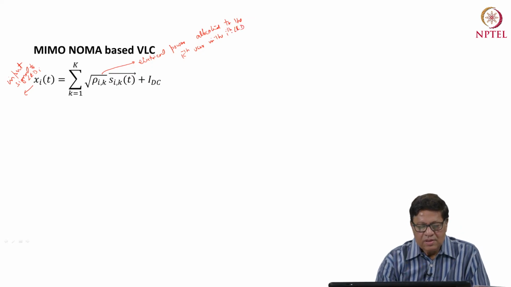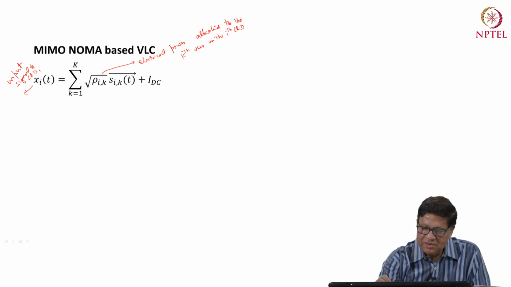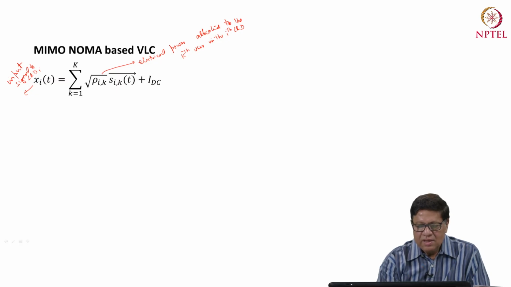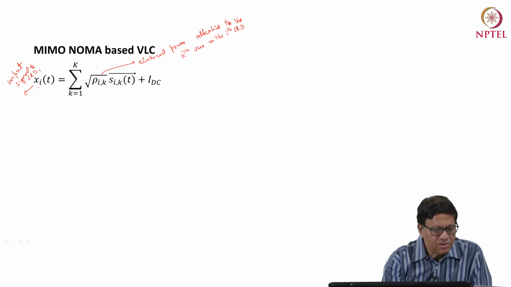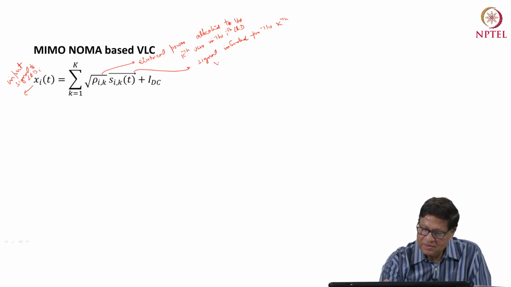X_i is the input signal to LED i, where i is equal to 1 and 2, and s_ik(t) is the signal intended for the kth user in the ith LED.